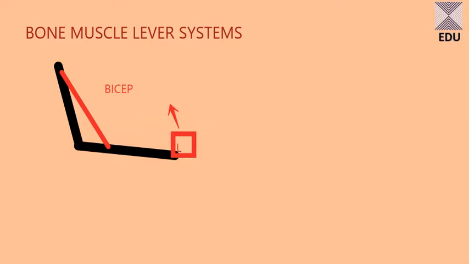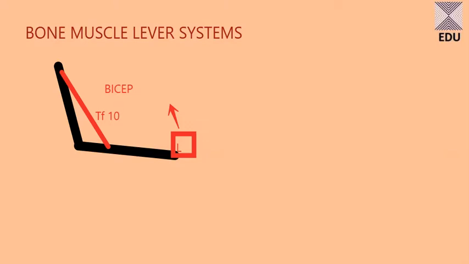Now suppose you need a tensile force of magnitude 10 to lift the load L, and if your bicep is efficient enough to produce a tensile force of 10 units, then this load will be lifted up.